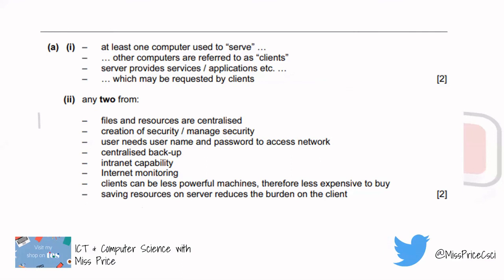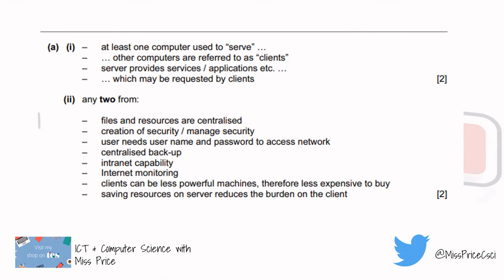Now, on to the next question. Files and resources are centralized and shared. There's creation and managing of security, like passwords and so on. Users need usernames and passwords to access the network. Centralized backup, as we said.